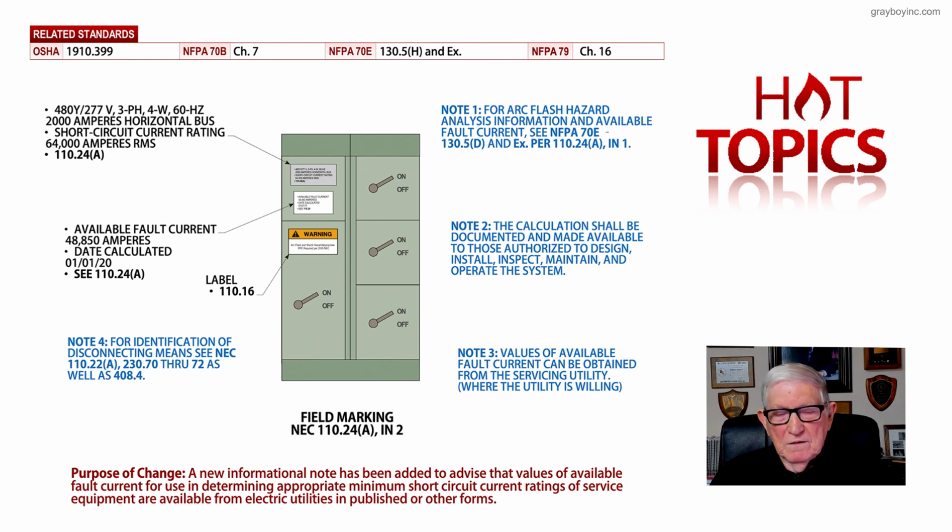So that's the basic rules, and some of it paraphrased, in 130.5(H) for the second label on equipment on page 29 of NFPA 70E. So that's the story. There are 2 labels. One is an NEC label and one is a 70E label, and this has been Hot Topics.